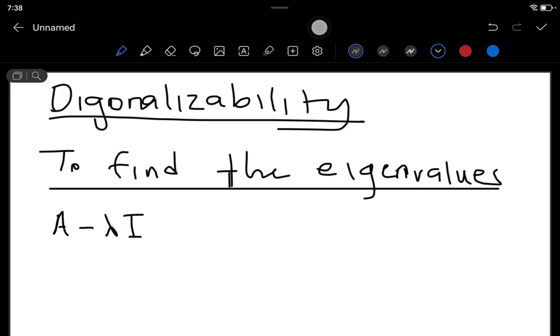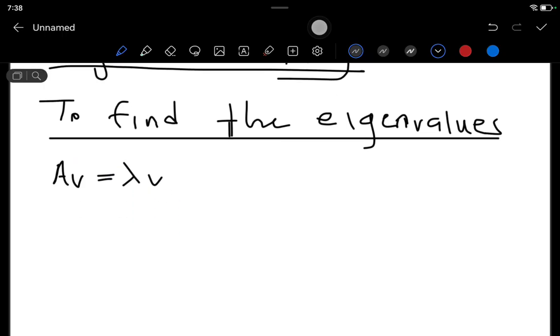Remember, this A minus lambda I is coming from this. We have that AV is equal to lambda V. But this is the same thing as having AV equals lambda IV. If we want to focus this on matrices only, because remember our vector, the eigenvector, is in the form of a matrix.